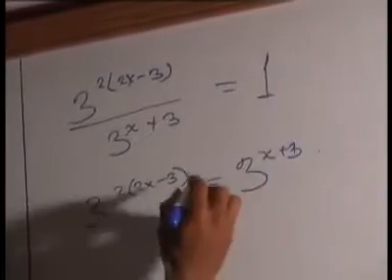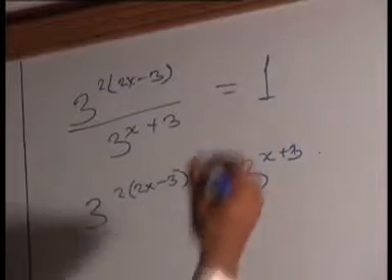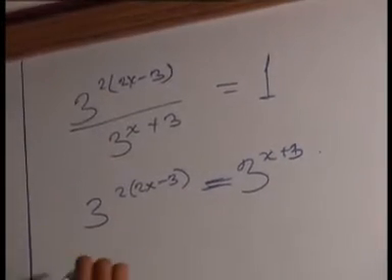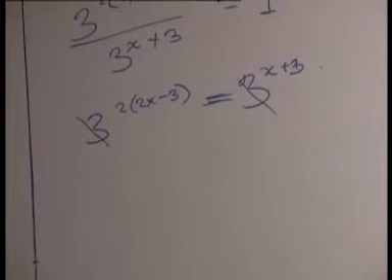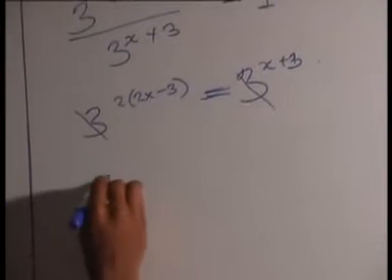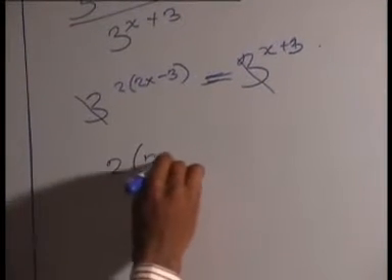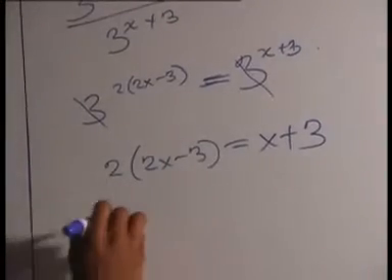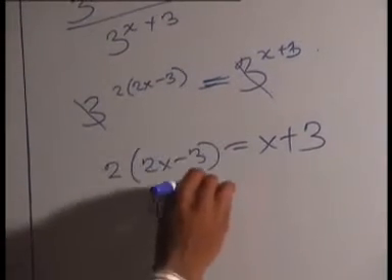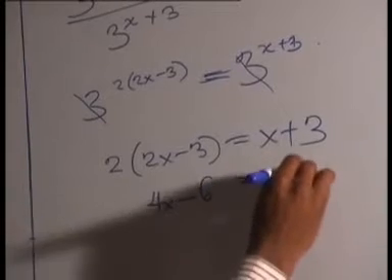I've transferred this one to the side by multiplying it with 1. So you have 3 taking care of 3. Yes. The bases are the same. So you are left with 2 into 2x minus 3 equals to x plus 3. 2 into 2x, you have 4x minus 6 equals x plus 3.